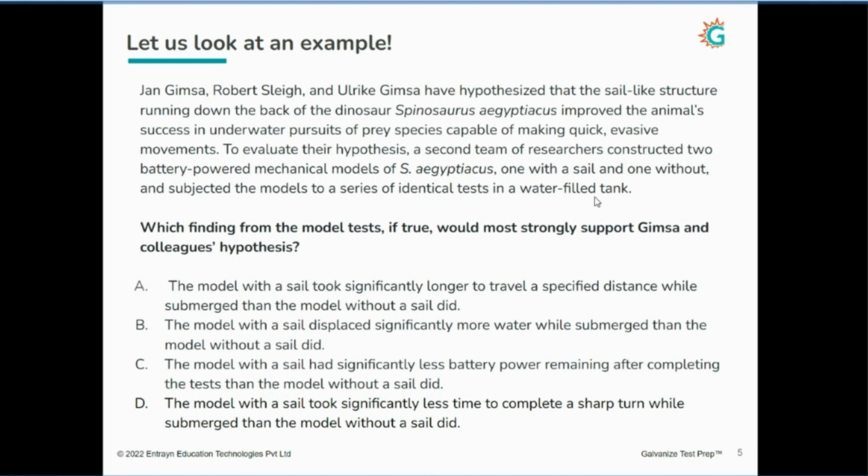Because they all say the opposite. Do they say the opposite necessarily? This one says the ones with the sail took longer to travel the distance, which is quite contradictory, right? A is contradictory. What about B and C?